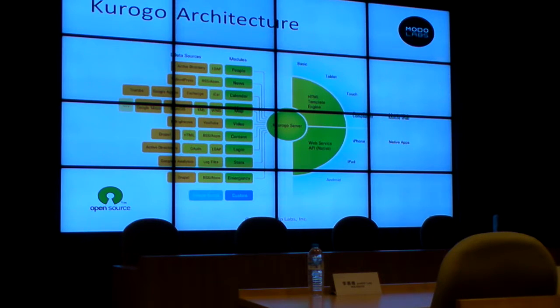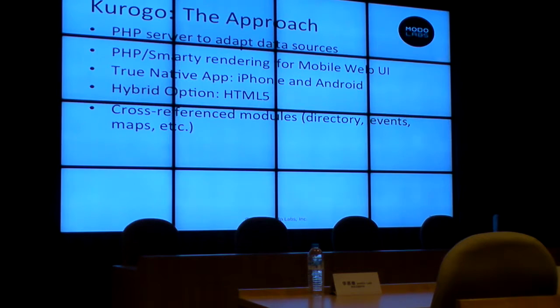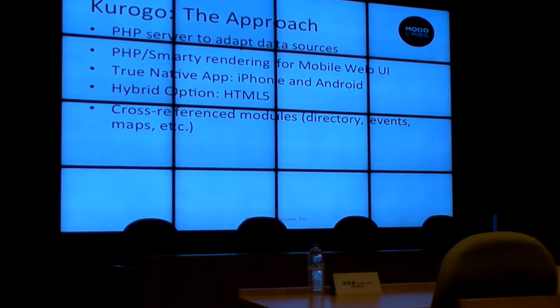That's the general architecture, and then you can create your own custom modules. The approach we took is PHP on the server side that can adapt different types of data sources. We're using the Smarty rendering engine for the mobile web.